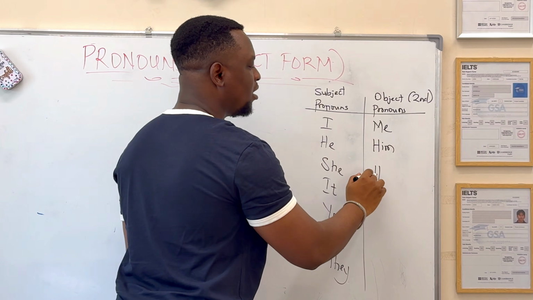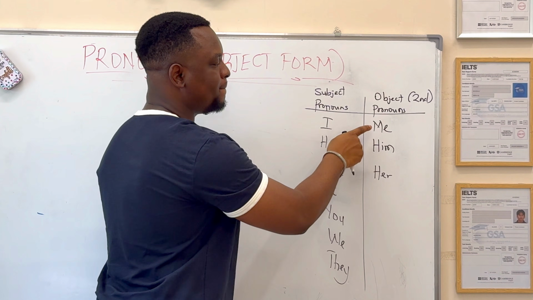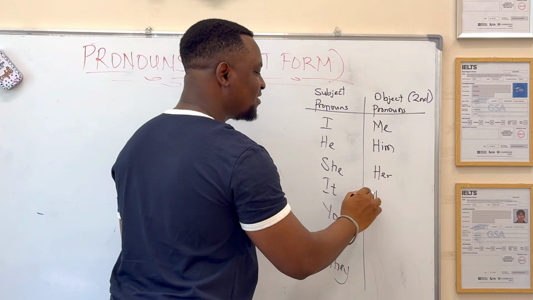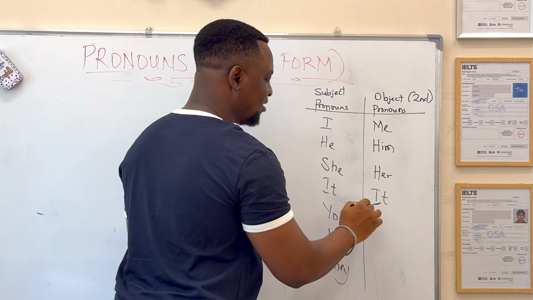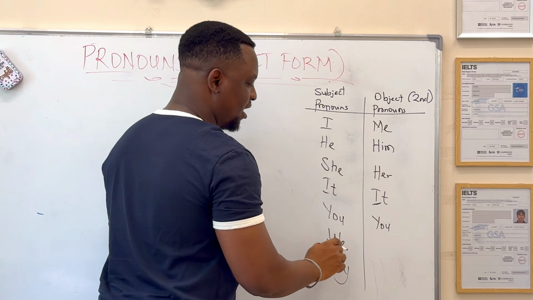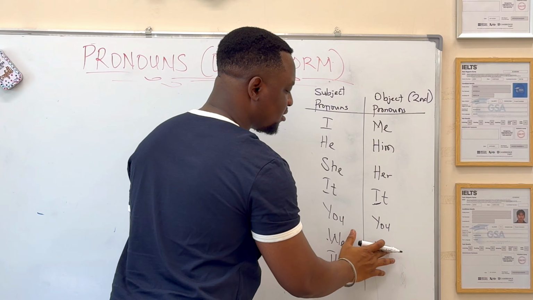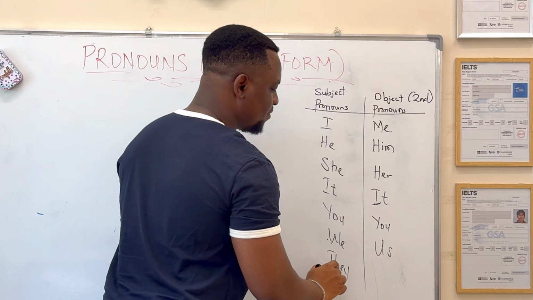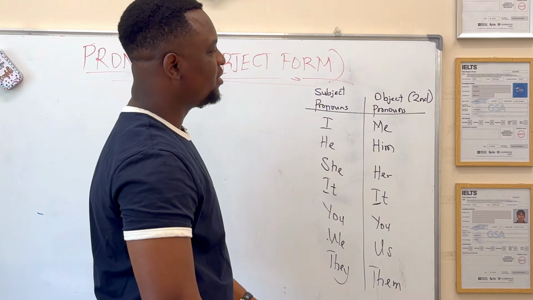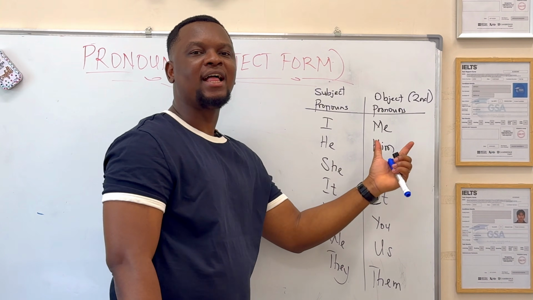She, we have her. It is the same. You, also the same. We have us. Then they, we have them. Now, this is the subject and the object.